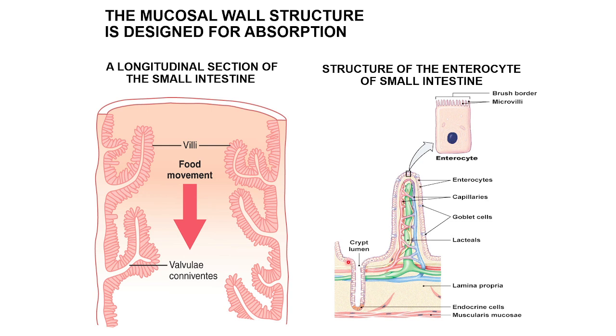And in the crypts is where the digestive juice is secreted, and mucus also is secreted here by the goblet cells present. This is also the site of endocrine cell secretion.